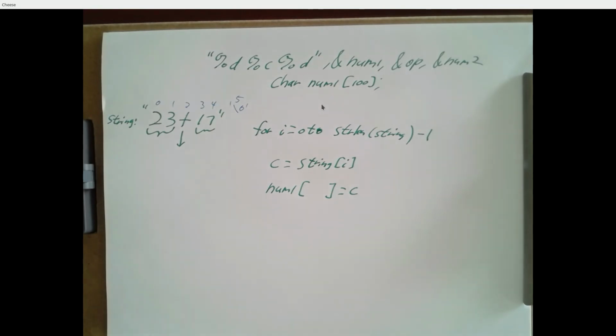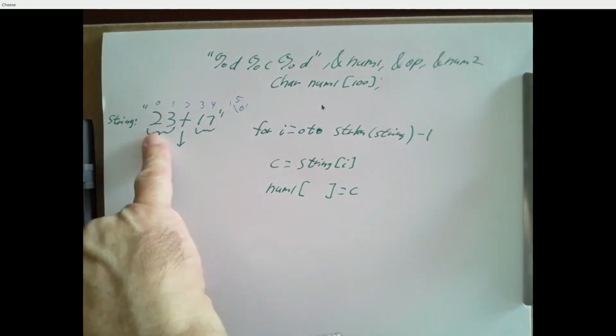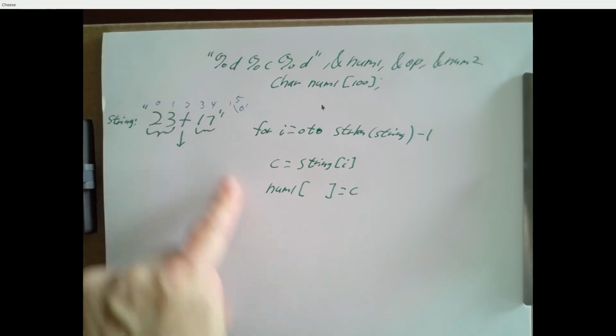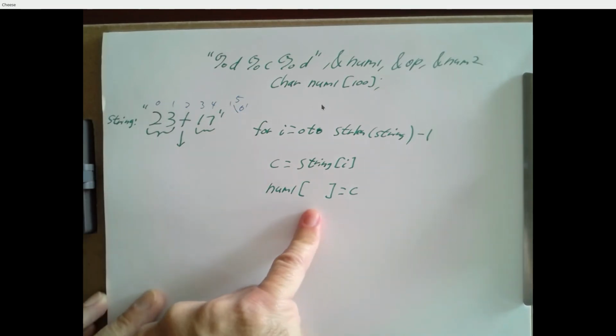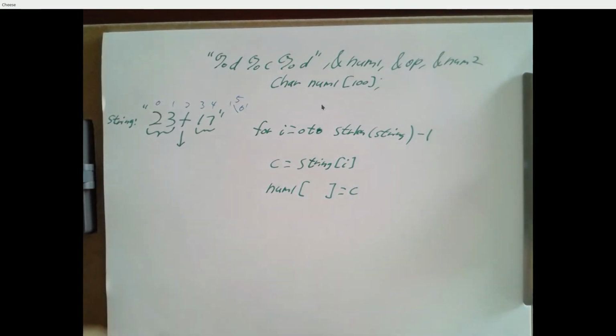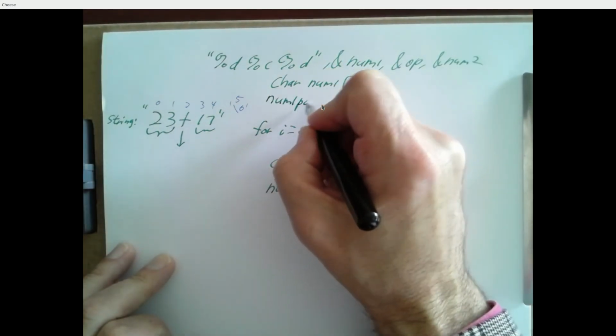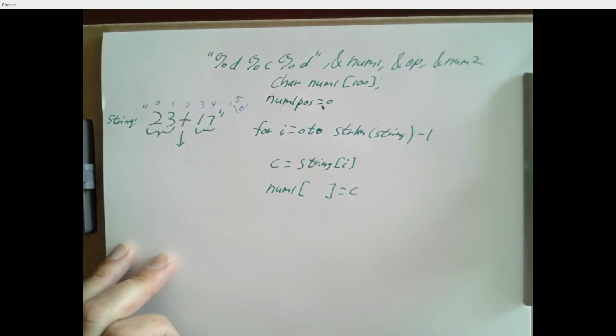Okay. So there's a few things we could do here, right? Last week you were doing stuff on the board, and there was this idea of having multiple pointers. i is moving you through the input string. We could have another pointer that moves you through the output string. So we could have something like num1 position equals 0.